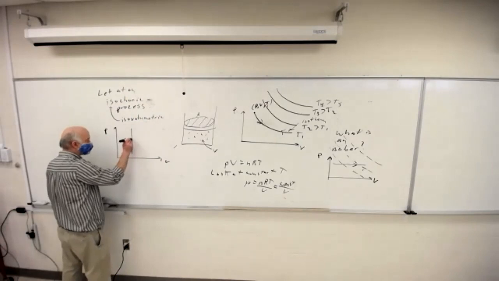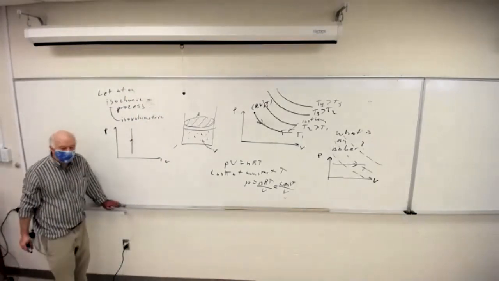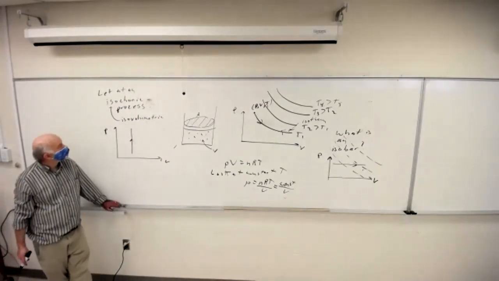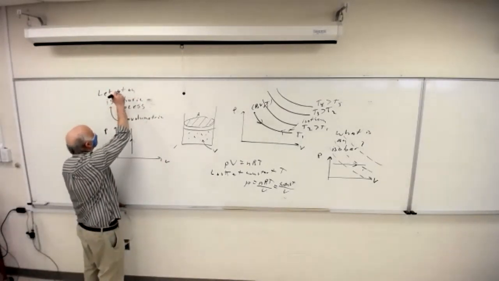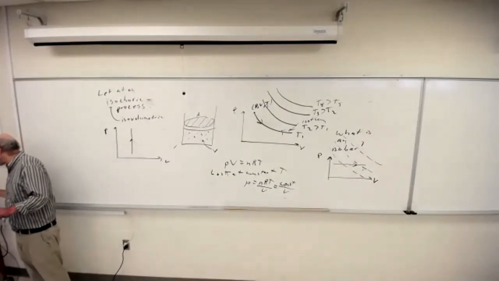That'd be something like this. Isochoric, like above it. So for the isobar, the volume stays constant, you said, right? No, for the isobaric, the pressure stays constant.